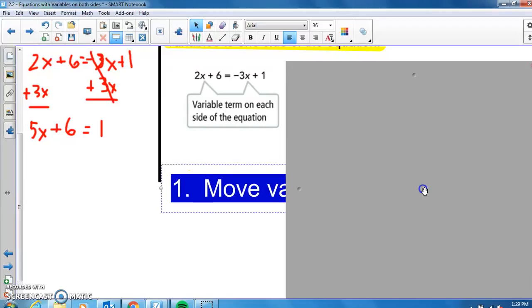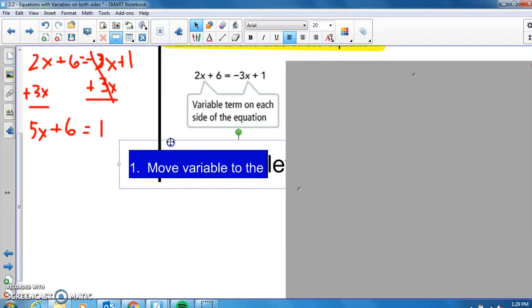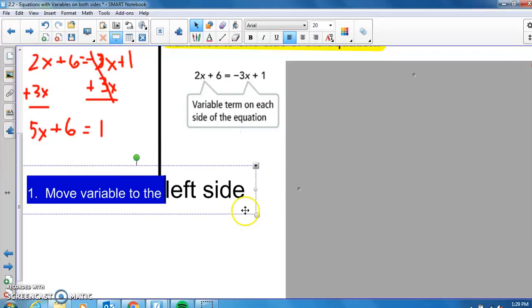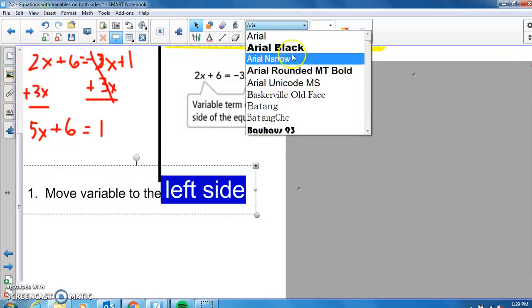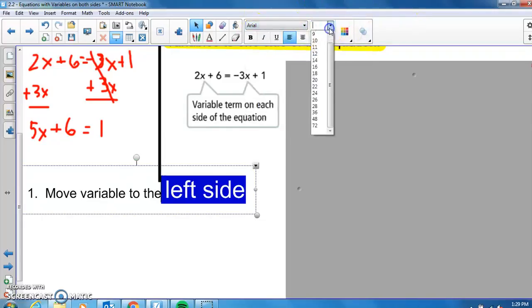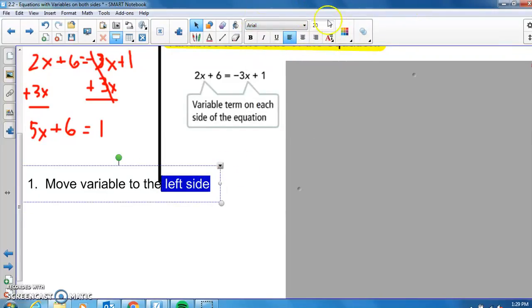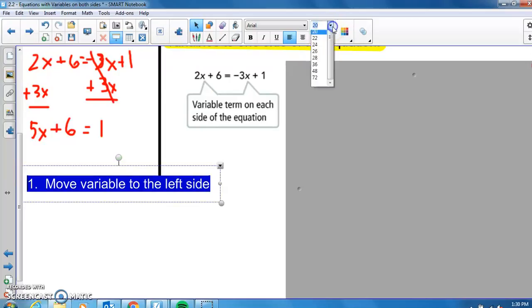And what I'm going to do here is make that kind of small. So step number 1: move the variable to the left side. Okay, I'm actually going to make this smaller so you can see the whole thing where I have it shaded.